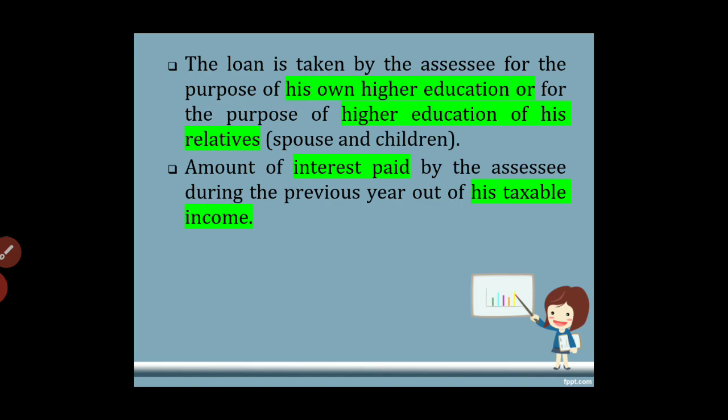Then and then he or she can claim the deduction from his or her gross total income under section 80E. તો જ પછી એ પોતાની ગ્રોસ ટોટલ ઇન્કમમાંથી આ ડિડક્શન એ મેળવી શકે, જો એ હાયર એજ્યુકેશન લોન પોતાના માટે લીધેલ હોય અથવા તો એમના રિલેટિવ એટલે કે સ્પાઉસ ઓર ચિલ્ડ્રન માટે લીધેલ હોય.